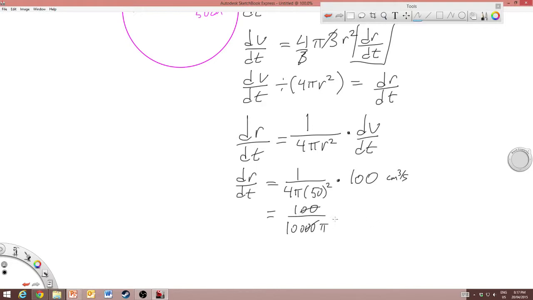Those will cancel out, so the radius is increasing at a rate of 1 over 100 pi centimeters per second. And we can calculate this out so we can have an approximate answer, but leaving it as a fraction with pi makes more mathematicians happy. Alright, so that's example 1.